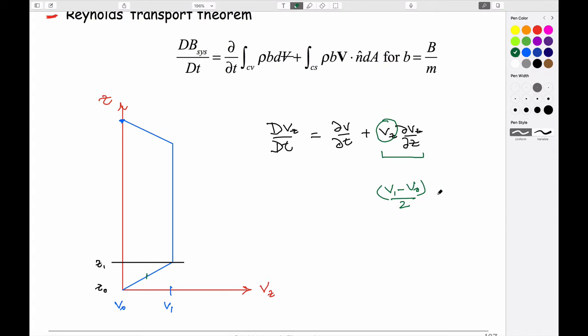And this part would be v1 minus v0 divided by z1 minus z0. In other words, if I draw it right here, this is just dz, and this is dv. So this is for a static observer.